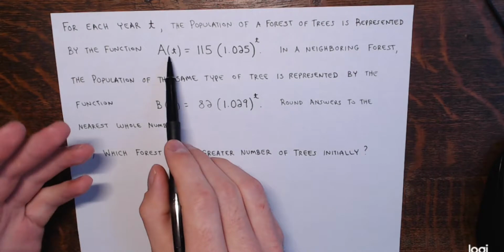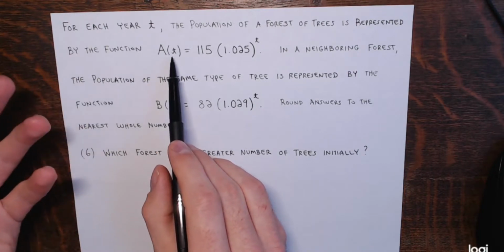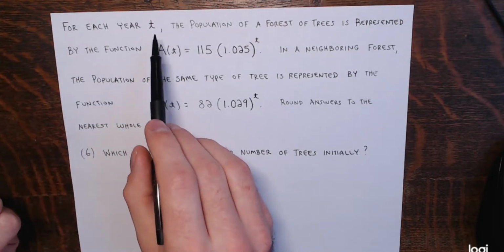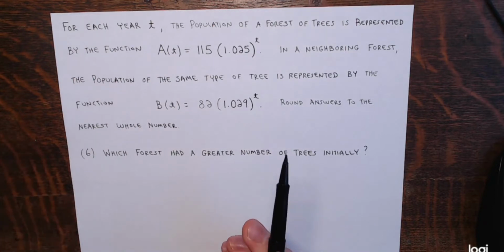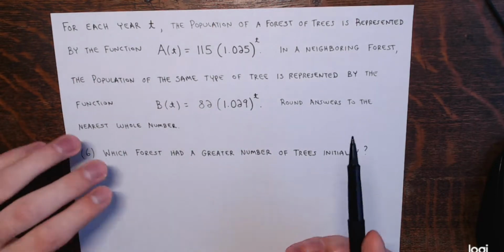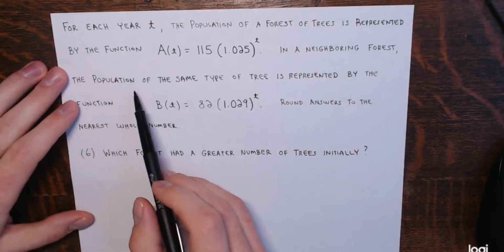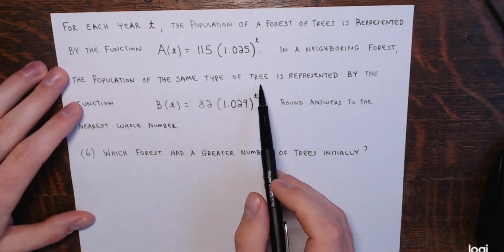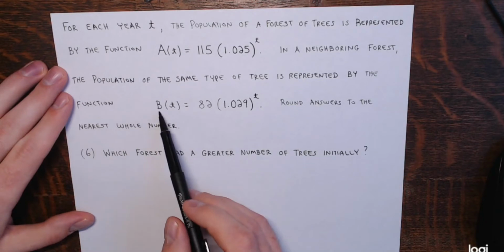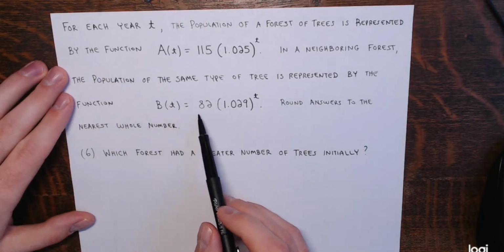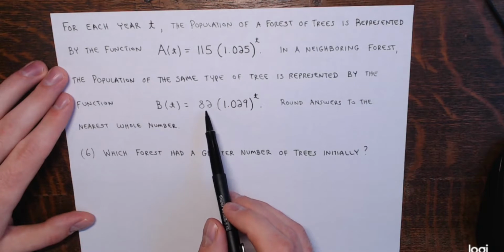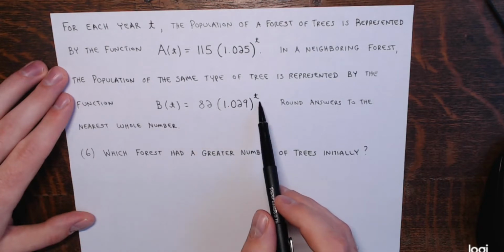So this A of t, A represents the amount of trees in the forest. T represents the time, right, the number of years. In a neighboring forest, the population of the same type of tree is represented by this function. So B of t, B represents the number of trees, equals 82 times 1.029 to the t.